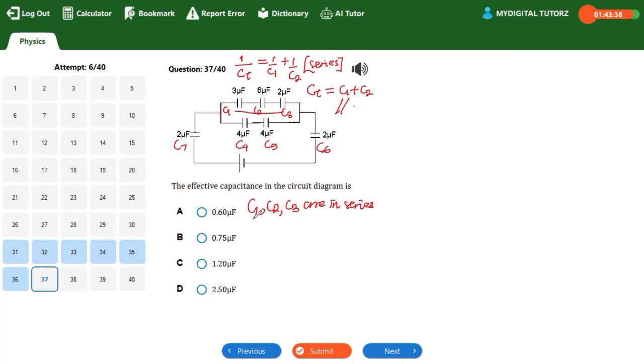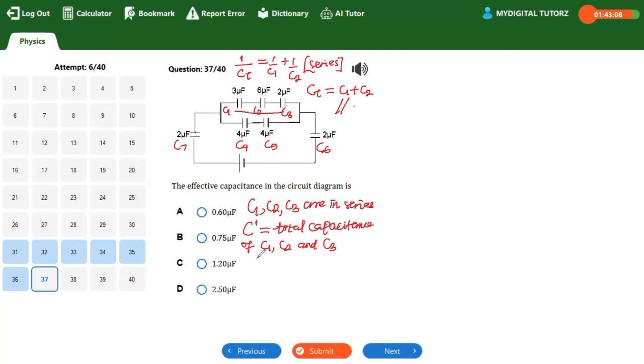Since they are in series, let's just use anything to represent the effective capacitance. Let's say C prime, to represent the total capacitance of capacitors C1, C2, and C3. Is that clear?